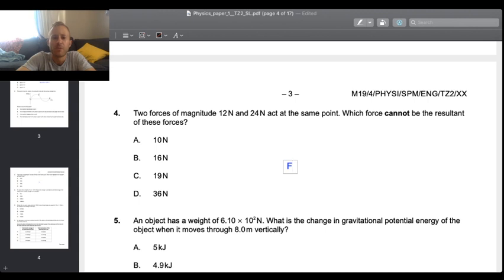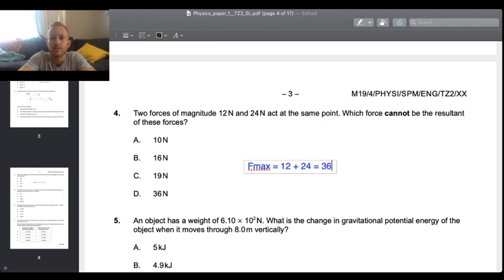So the maximum force we can get is if these two forces point in the same direction. That would be 12 plus 24 equals 36 newtons. That's the maximum.